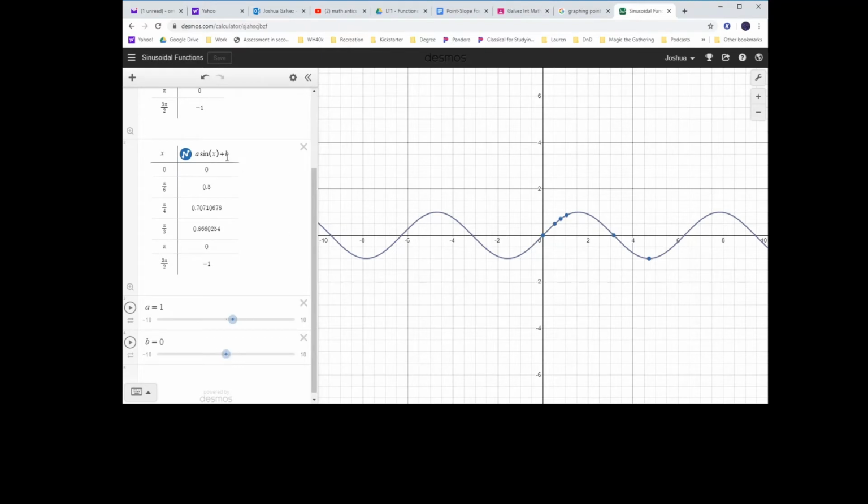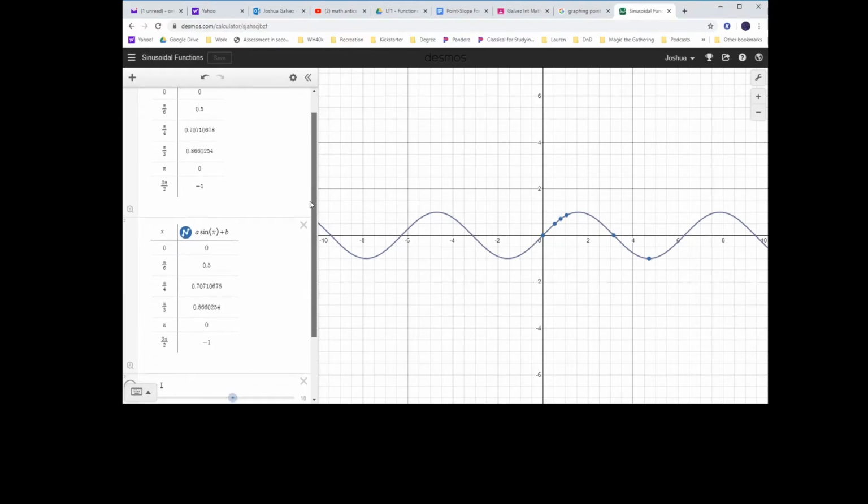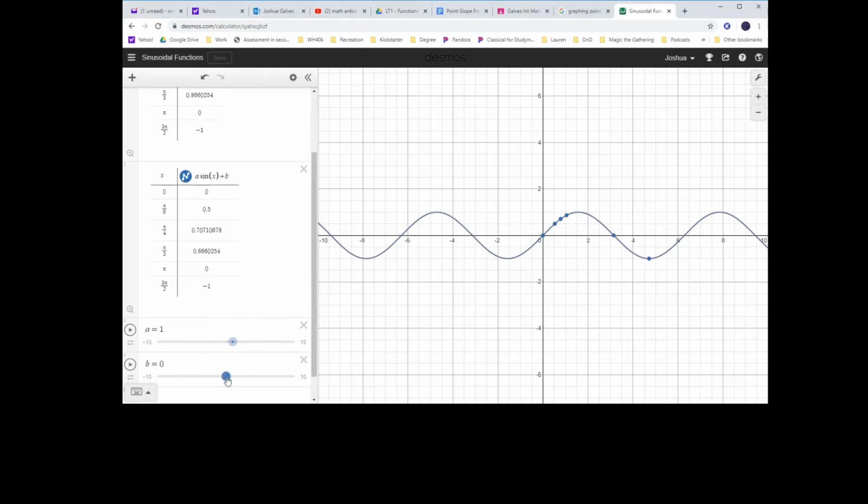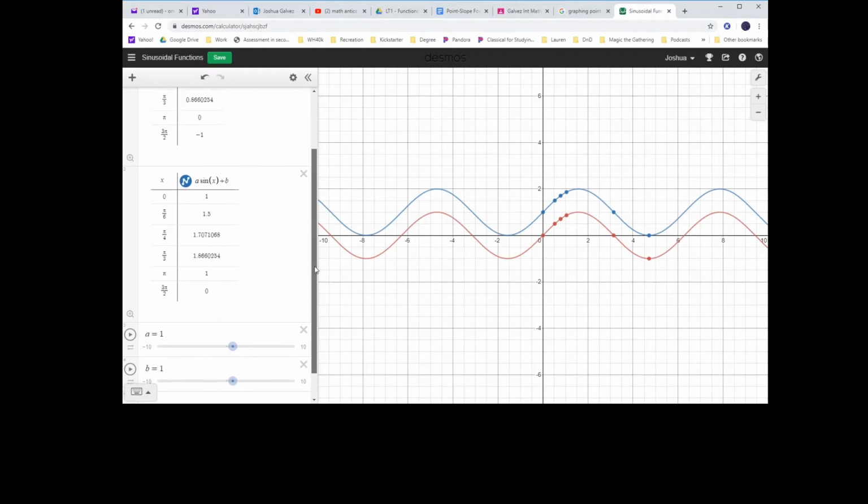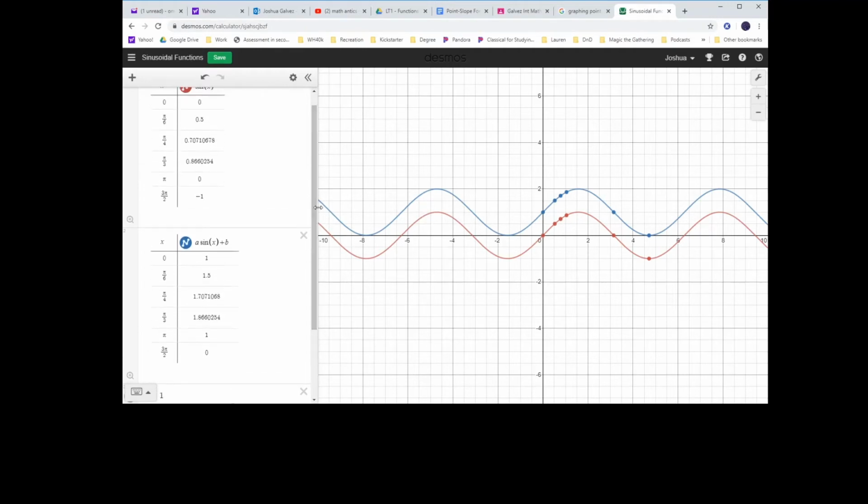Now, if I adjust this b value here, I want you to pay attention to what happens when I adjust this b value and what happens to the values on this table compared to the table above. So if I change this b over to 1, there we go. You can look at what happens over here in the graph, but also look at what happened on the table.